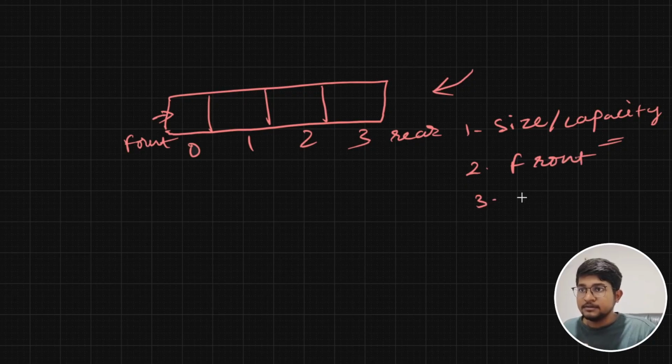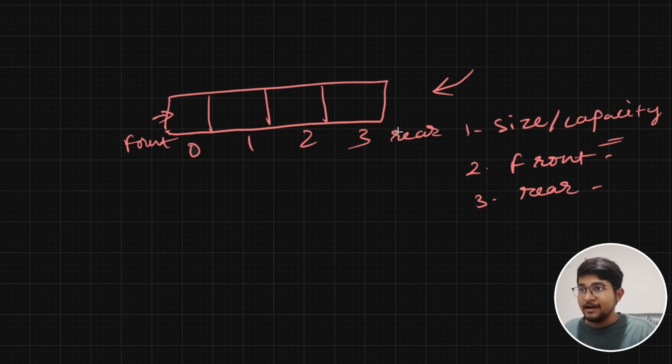Third, we will use both the front and rear variables to manipulate the index and the data in it. So in the beginning, let's say we have started freshly, the queue array starts from the beginning itself.